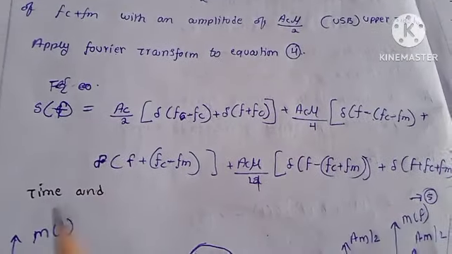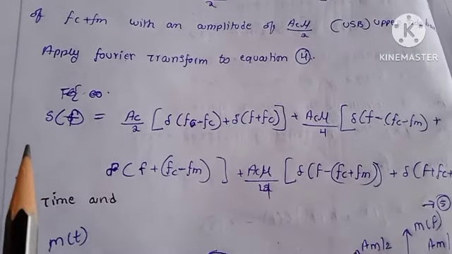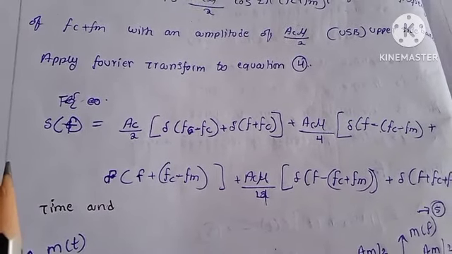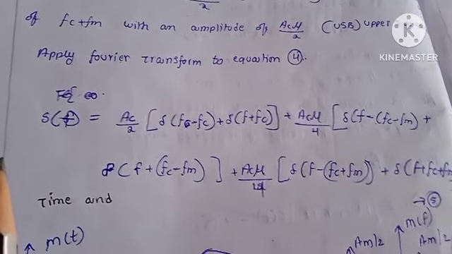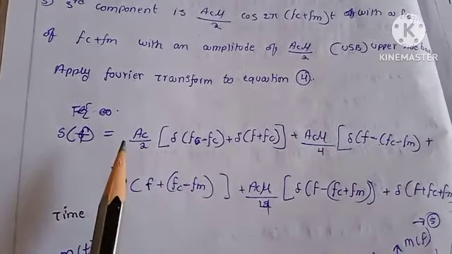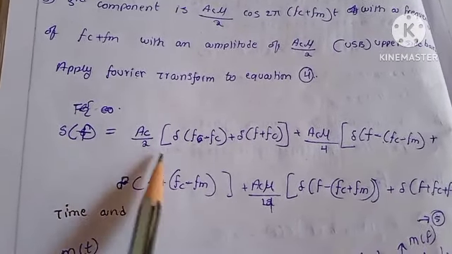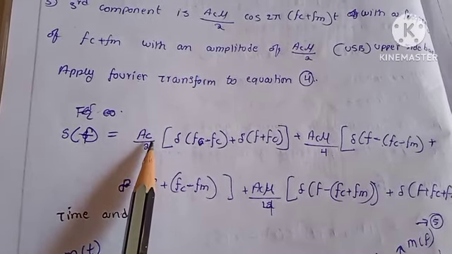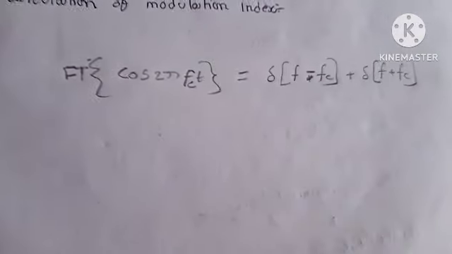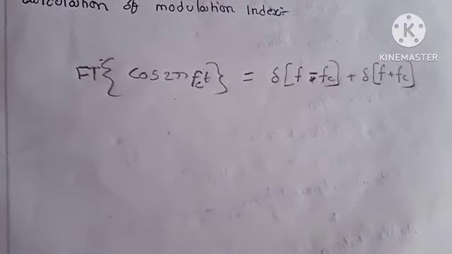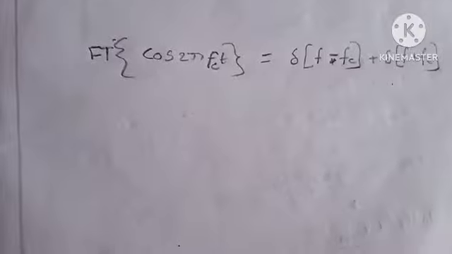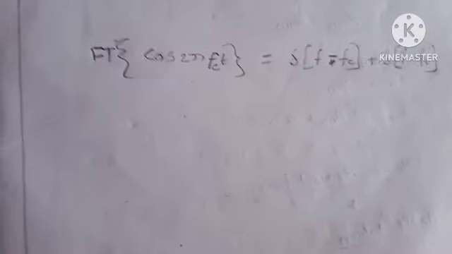If we apply the Fourier transform to our time domain amplitude modulated signal, we get this expression. The Fourier transform of cos 2 pi fc t is half of delta(f minus fc) plus delta(f plus fc).